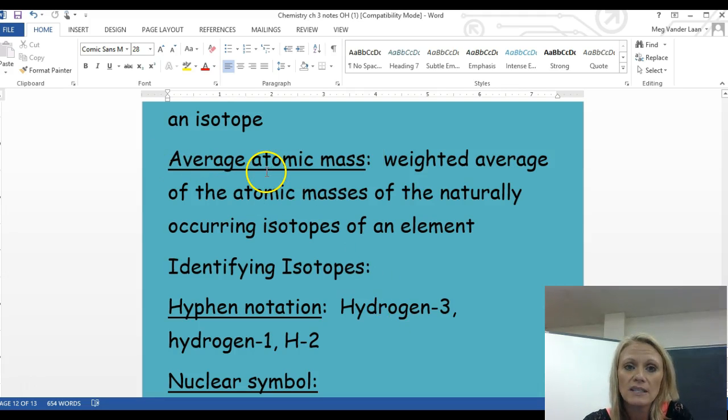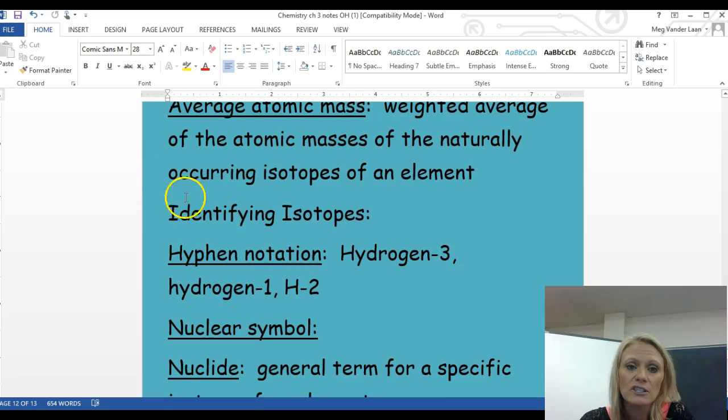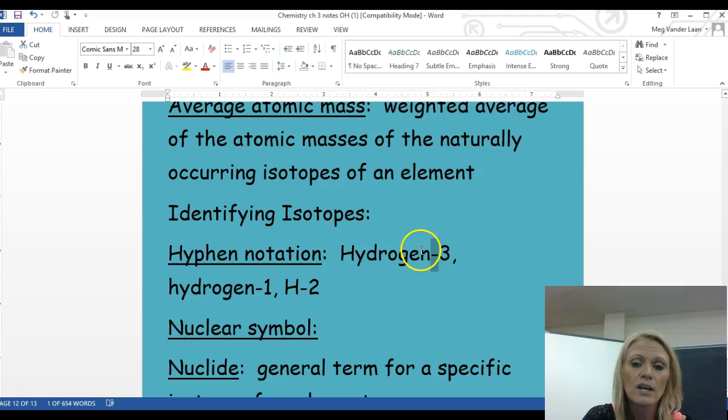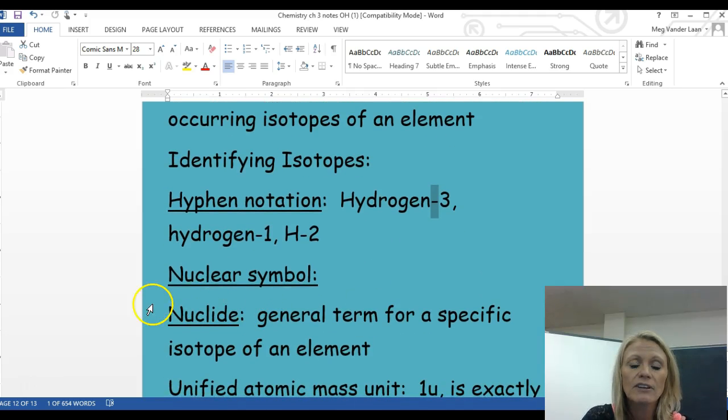And we'll do some of these equations in class tomorrow to help you know how to do that. Hyphen notation. So how do we identify or label isotopes? Well, earlier I did the hyphen notation, which is simply a hyphen, then the mass number. So hydrogen-3, hydrogen-1, hydrogen-2, that's the hyphen notation.